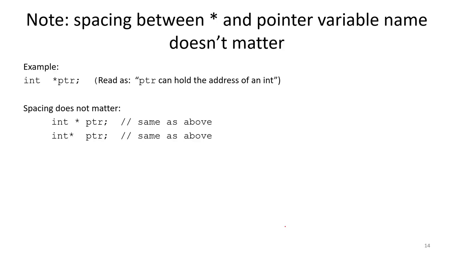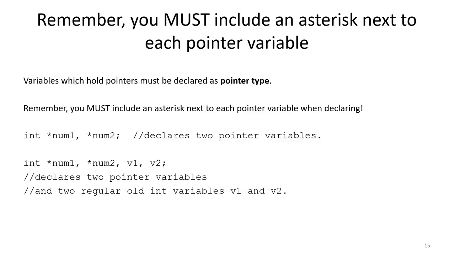One other point, remember that spacing between the asterisk and the pointer variable name doesn't matter. So you could actually have the asterisk in any one of those places, and it would still be perfectly acceptable. And remember, you do need to include an asterisk next to each pointer variable when you declare it.